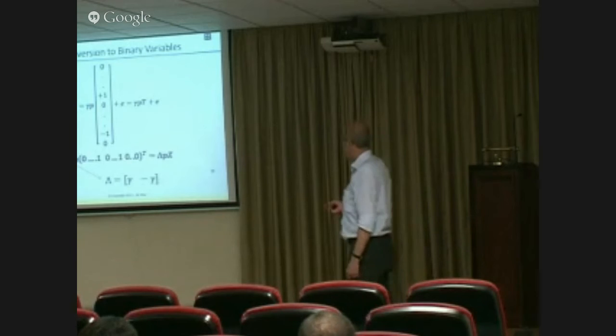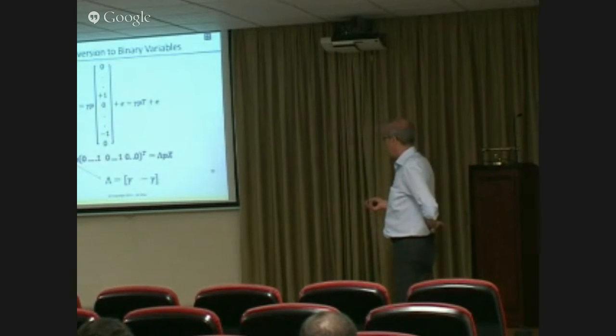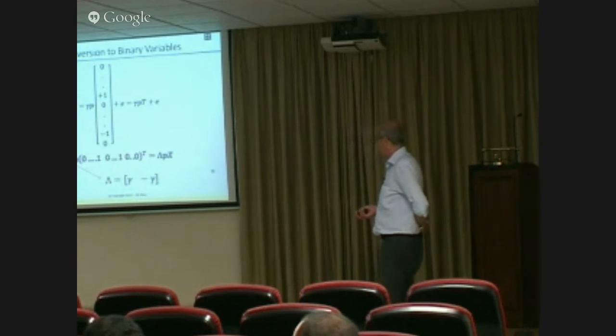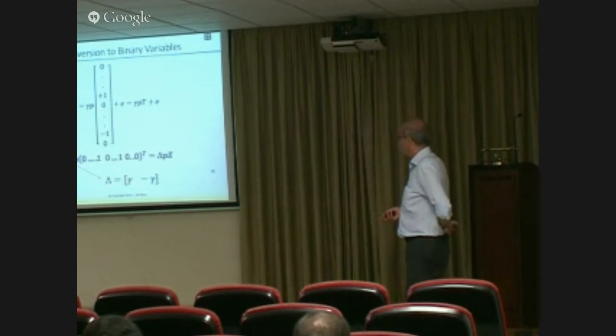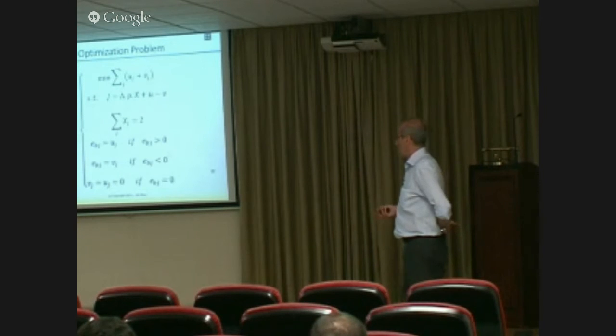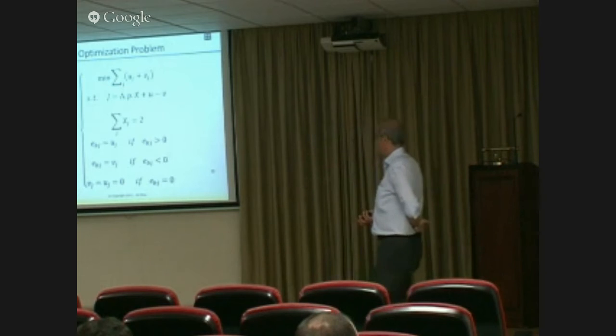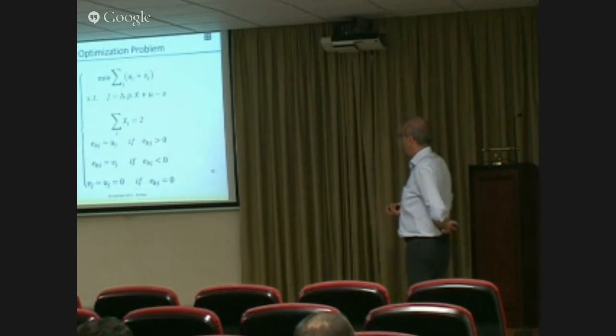So then the unknown vector becomes a binary vector, strictly 0 and 1. And then, of course, the dimension grows a bit, so we get this larger coefficient matrix. But in any case, we get this binary conversion, and then we can formulate an optimization problem like this. It's a binary problem.